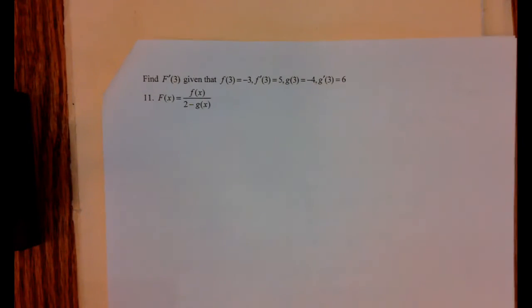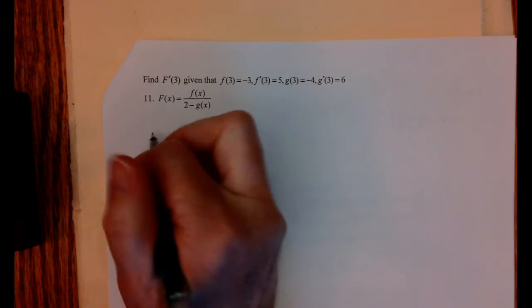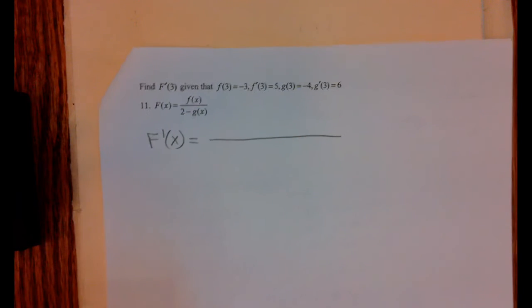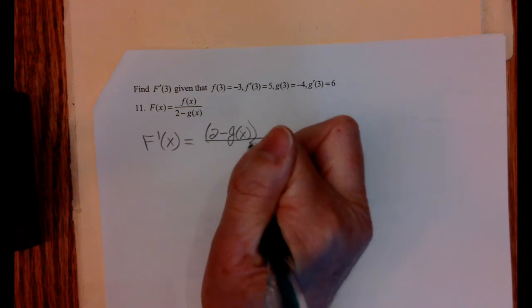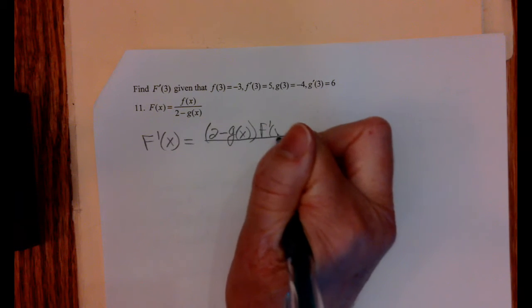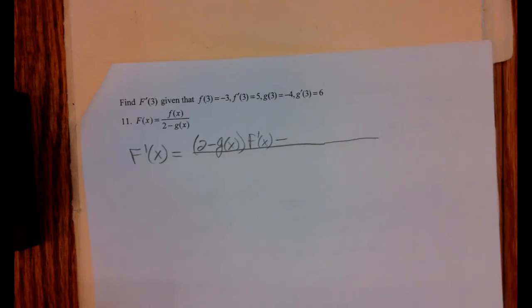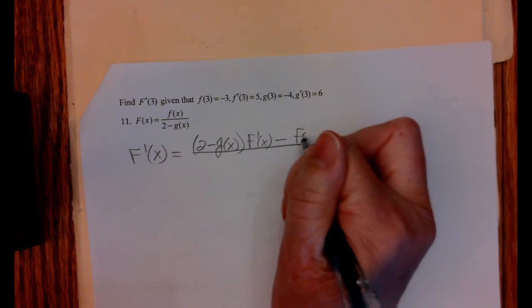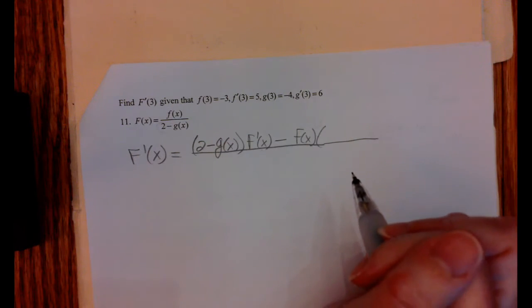Page 3. We have a quotient again, but there's a little bit more to it. It's a constant minus the function. So again, start with taking the derivative using our new quotient rule. I'm going to take the low, because we always start low, d high, there's the derivative of the top, minus low d high minus the higher function times, and this one gets students all the time, the derivative of the low.